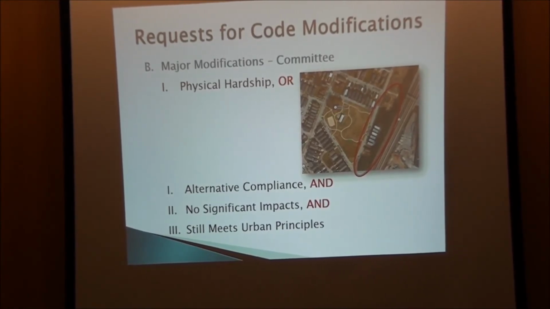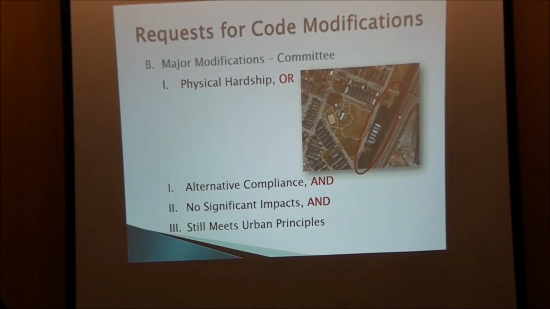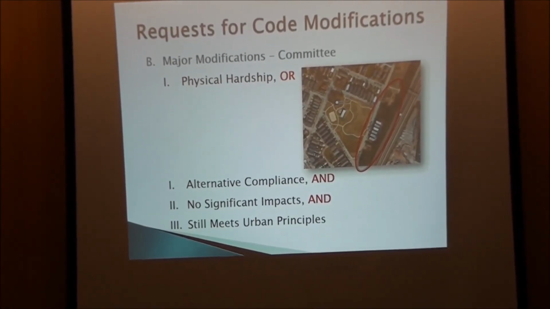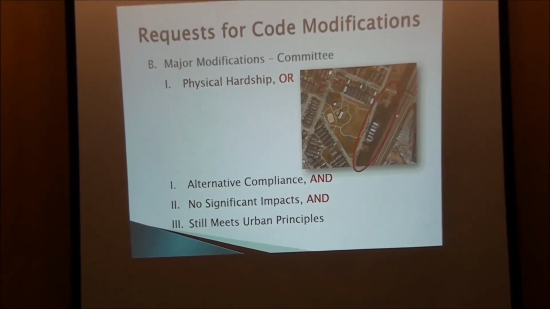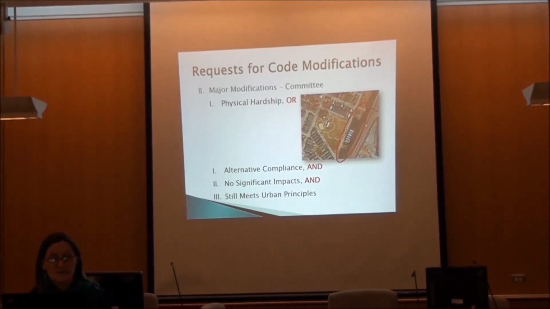One thing that we are adding, though, is we're also allowing you to come in and say, I've got this great idea for something I want to do. It doesn't quite meet your standards, but I think it's going to be really great for the downtown. We're going to allow you to come in and present your case for that, and this committee can look at that. Now, you'll have to show what your alternative is that you're planning to build.